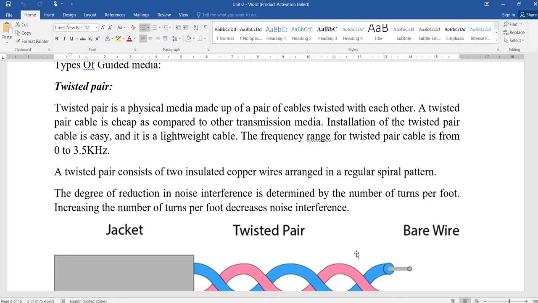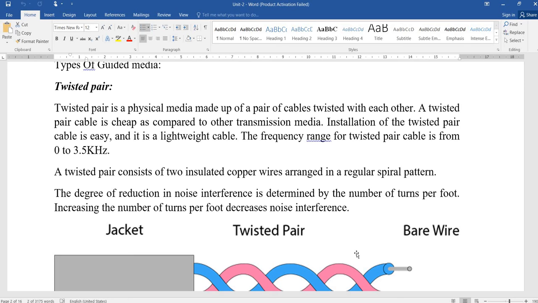It is a physical medium made up of a pair of cables. The inner core is copper, and outside we have a plastic insulator to protect the line between the two cables. The twisted pair cable is cheap compared to other transmission media, very cheap in terms of installation, and also very easy to install.